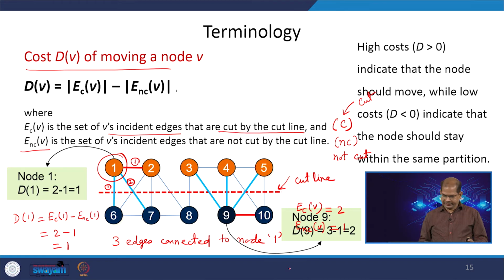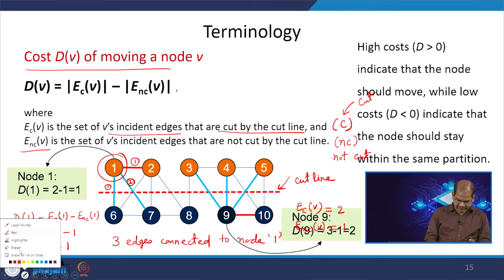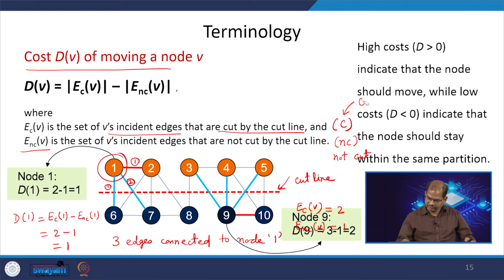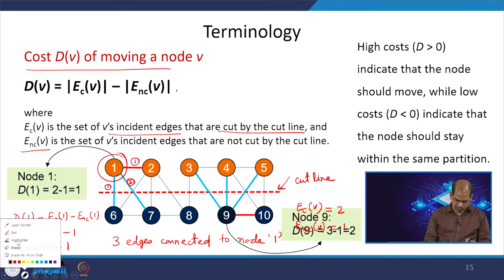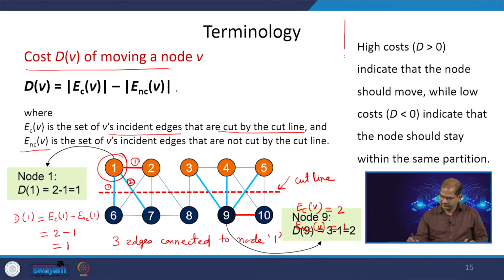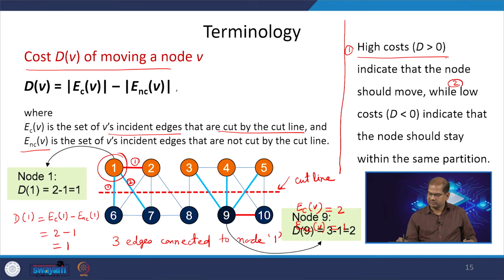I need to erase this side to get some more information. So there are 2 points here. A high cost, when D is greater than 0, indicates that the node should move.